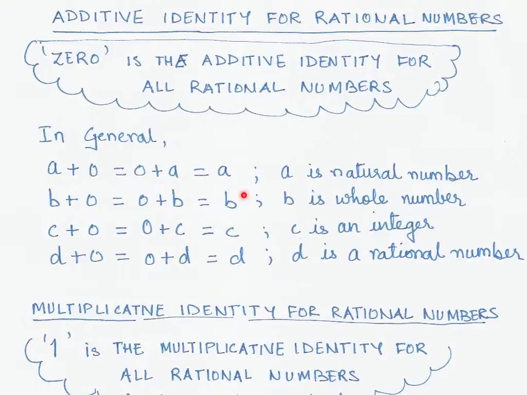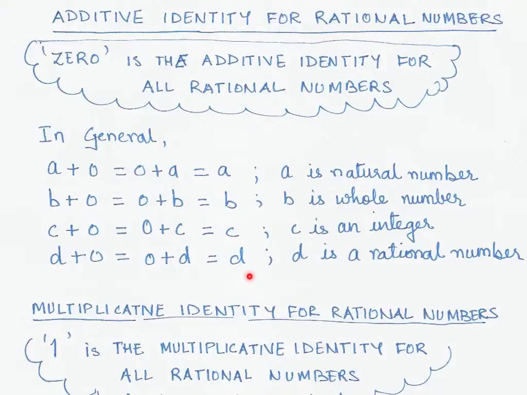If c is an integer, c plus 0 or 0 plus c gives us c back. And let d be a rational number. Then d plus 0 or 0 plus d gives d back.